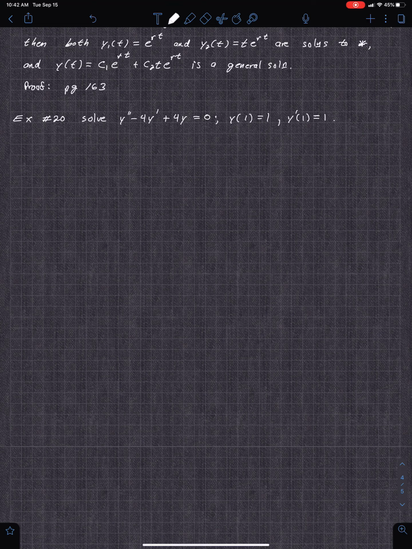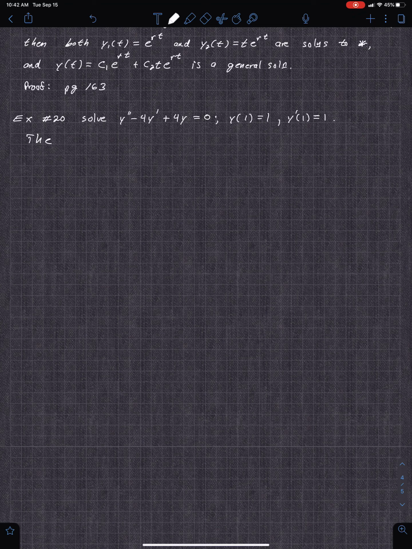Solve y double prime minus 4y prime plus 4y equals 0. The initial conditions are kind of simple: y of 1 is 1, y prime of 1 is 1. Okay, so let's go ahead and solve this. Let's do the auxiliary equation.